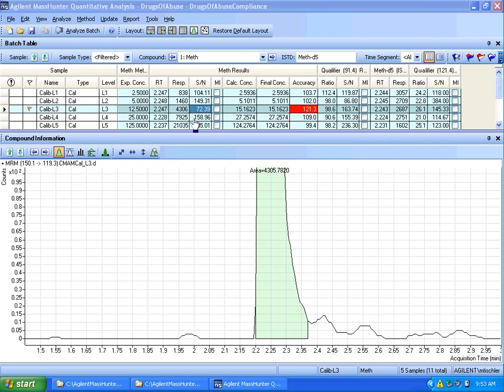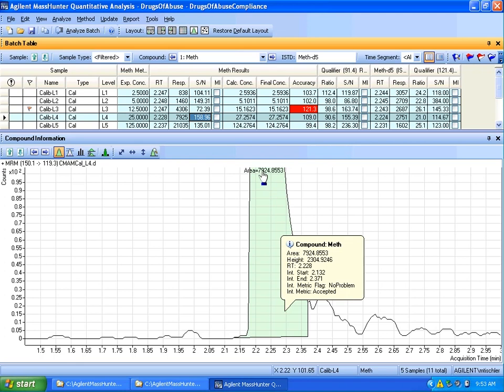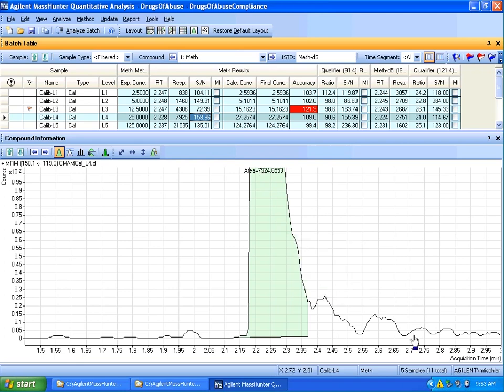If I move to the next sample here, you'll see that here the signal has increased and the noise, relatively speaking, has decreased. So I get a larger signal to noise, and this does prove that if you divide a large number by a small number, a small variation in the small number will produce a dramatic difference.